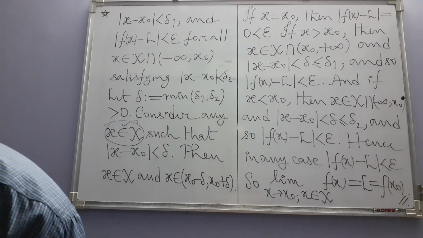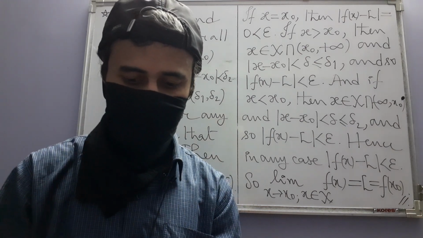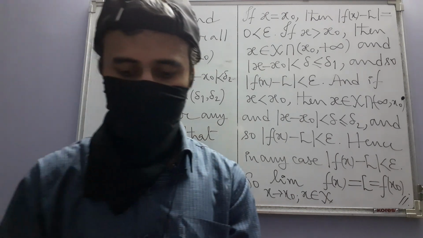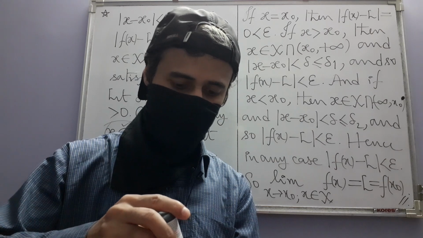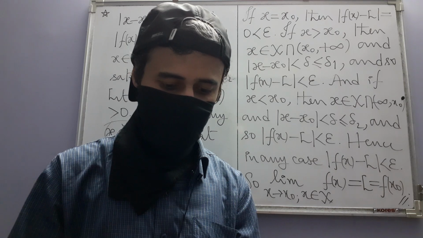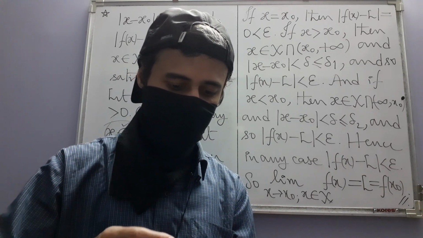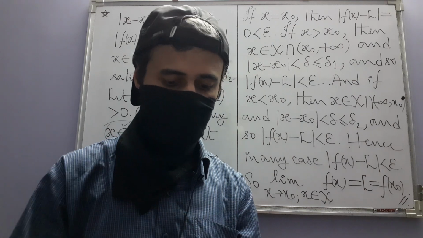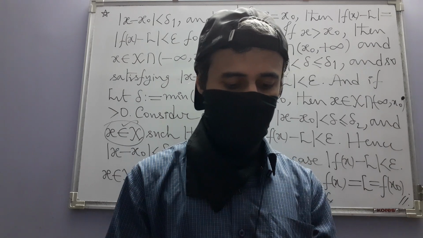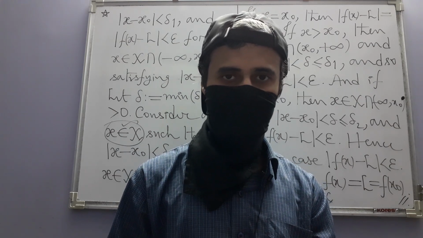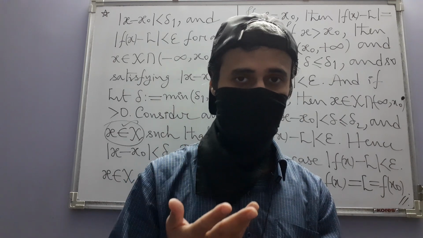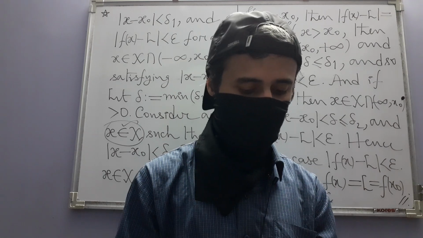But after this there are some other discussions also. I need more ink. The section is over, but there are some discussions on the cases where f is not continuous at x naught. By definition, continuity demands that the limit of the function exists at x naught and be equal to the functional value at x naught.